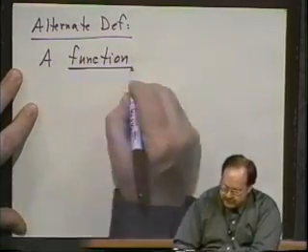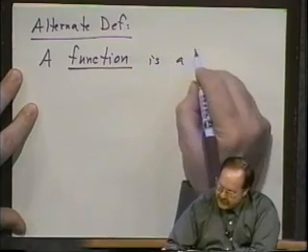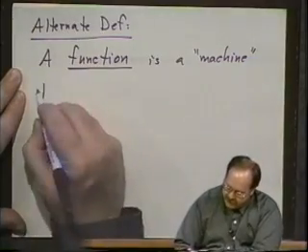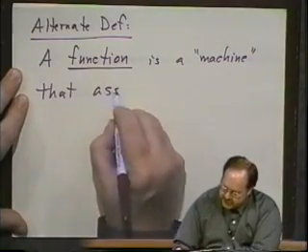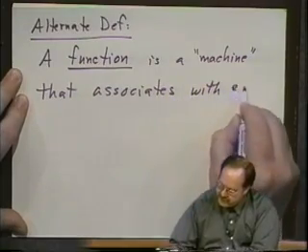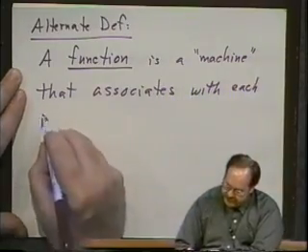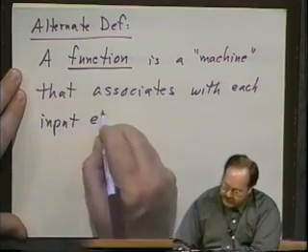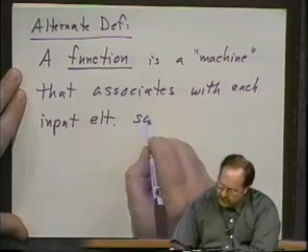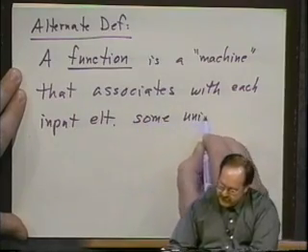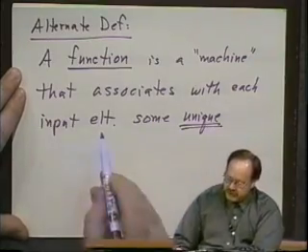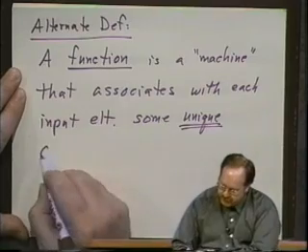A function is a machine in this incarnation that associates with each, and this time we'll call them input elements, with each input element, I'm abbreviating element right there with ELT, some unique output element.